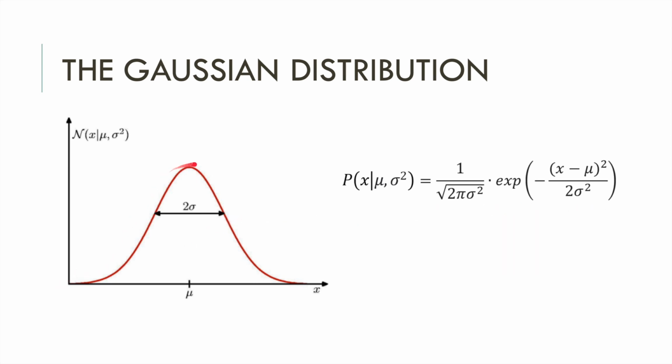Here on the left-hand side, you see the Gaussian distribution in the form of a graph. So on the x-axis we have x, the random variable. Mu is the expected value, aka the mean, and sigma is the standard deviation. The sigma squared depicted in this equation is the variance, which is just the standard deviation squared.